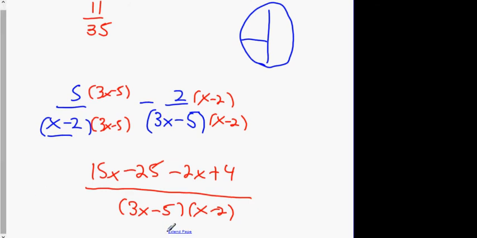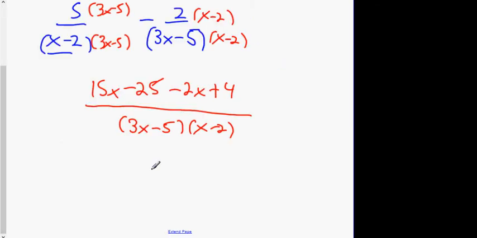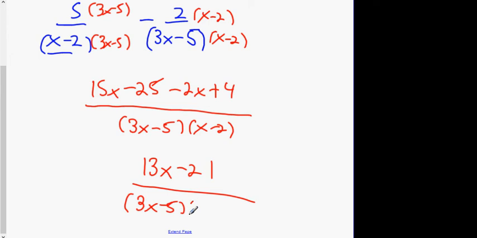Now, 15x minus 2x. Anybody? 15x minus 2x? 13x. Minus 25 plus 4. All divided by 3x minus 5 into x minus 2. Is that alright? Yeah. Alright.